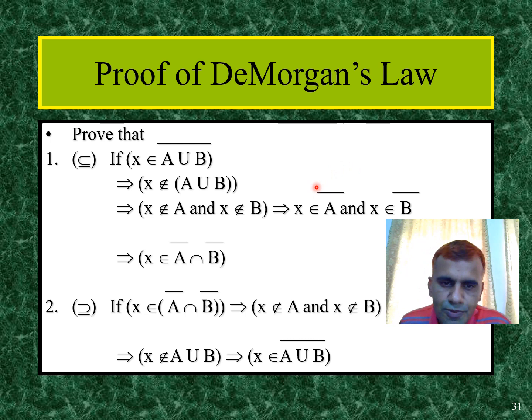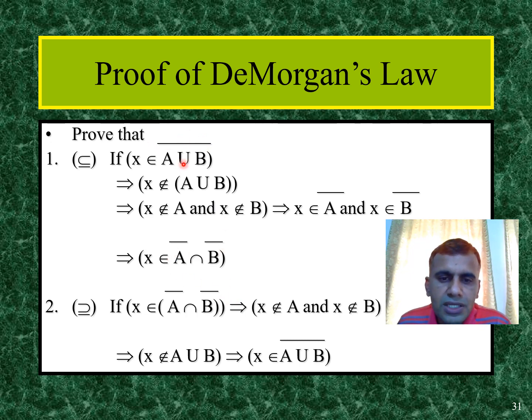De Morgan's law proof by way of definition: we want to prove that the complement of the union is equal to the intersection of the complements. If we want to prove that two sets are equal, then we show that A is a subset of B and B is a subset of A. Then and only then A is equal to B. Here we want to prove that the complement of the union is equal to the intersection of the complements.